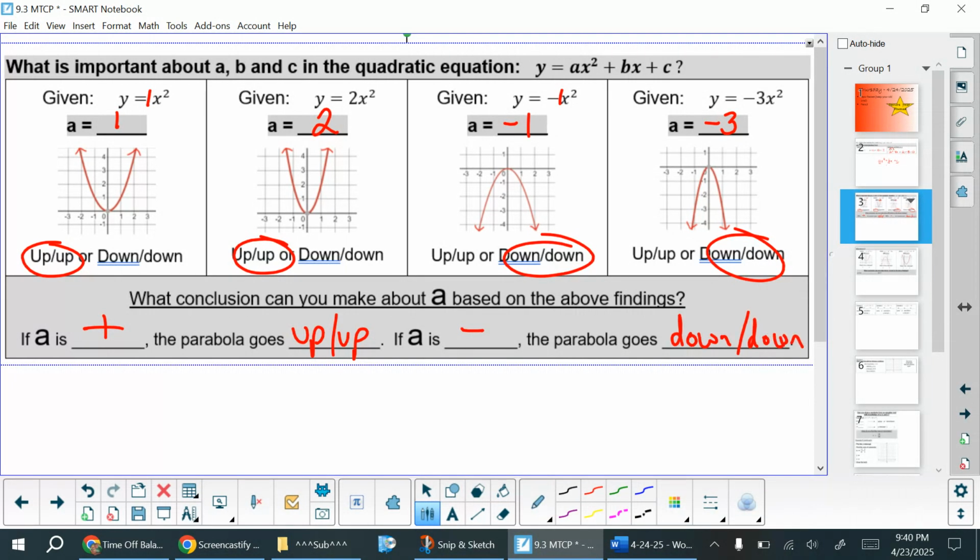Yeah, that makes sense, right? This is a pretty intuitive thing for most people. If A is positive, that very first number, the parabola is always going to go up. If that very first number is negative, then it always goes down. And the thing we're going to find here is it doesn't matter what B and C are at all. The A value itself is going to tell us whether the graph goes up or down.